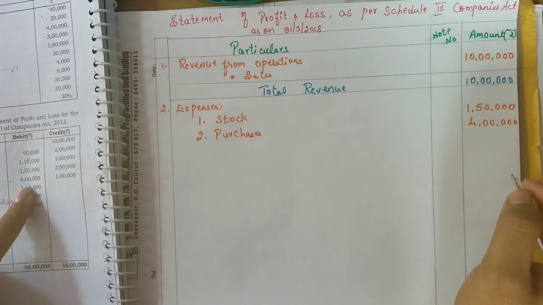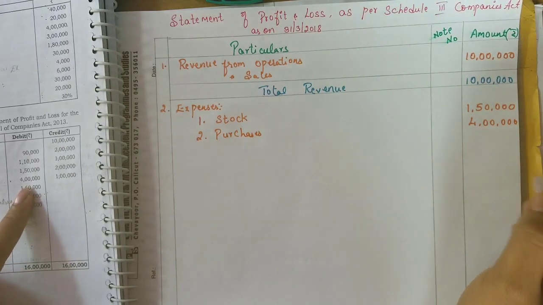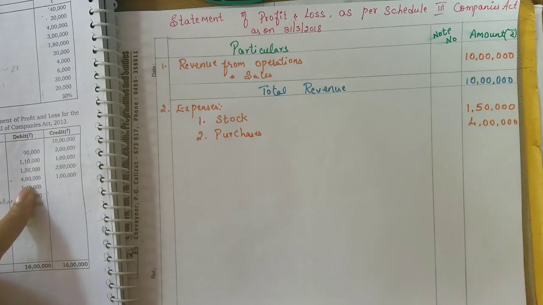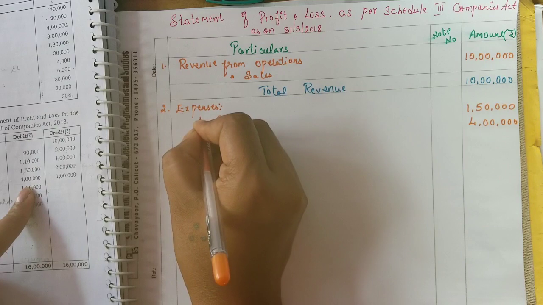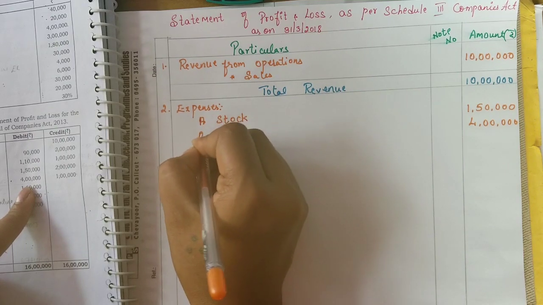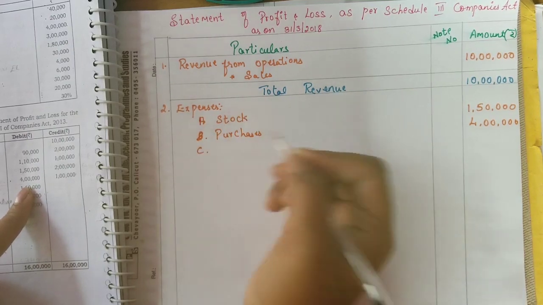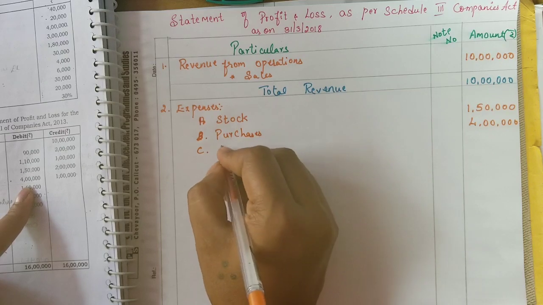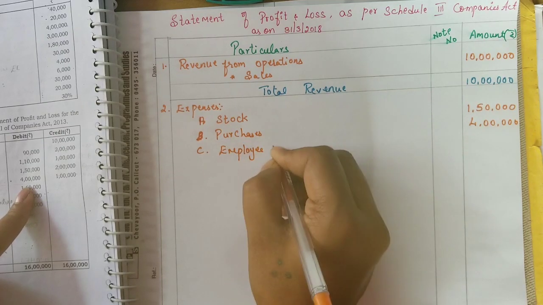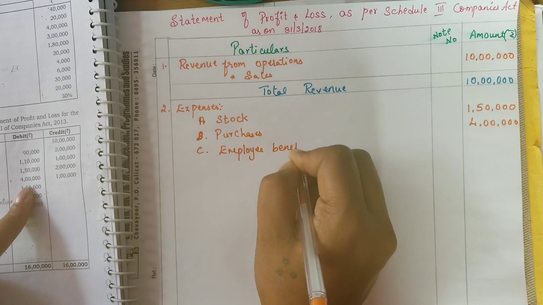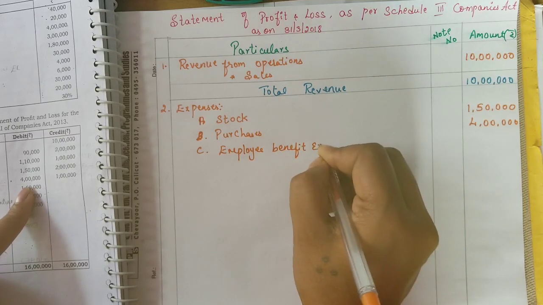Okay. Next, moving on to salaries and wages they have given, so that comes under employee benefits. I will make it EB so that it will not be confusing. Employee benefit expenses.